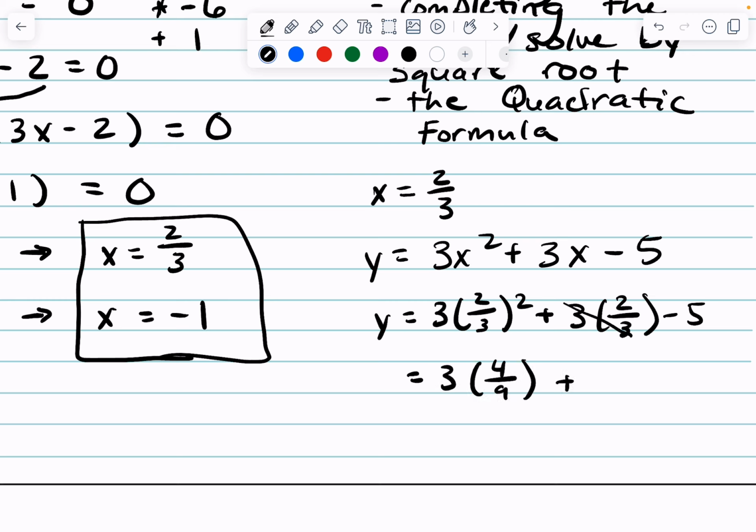These 3's cancel out. So I have 4/3. These together make 3, so I have plus 3. So I have 4 and 1/3.